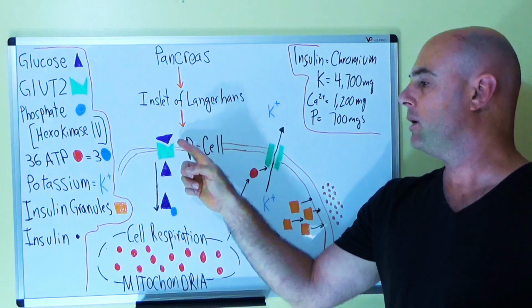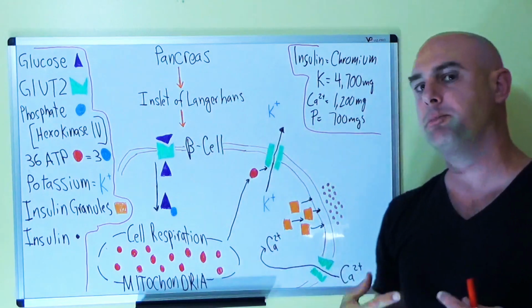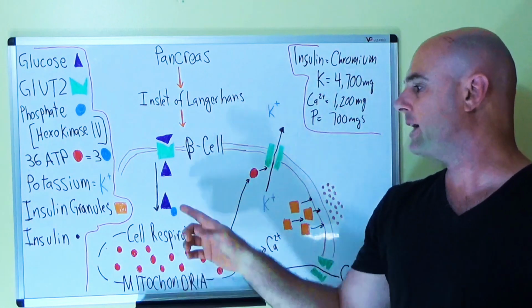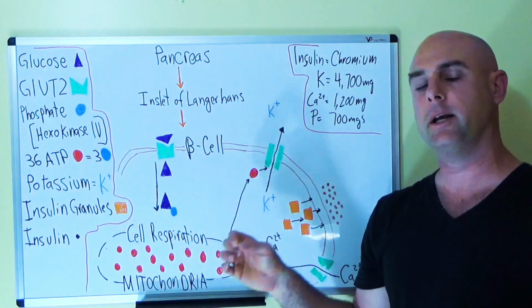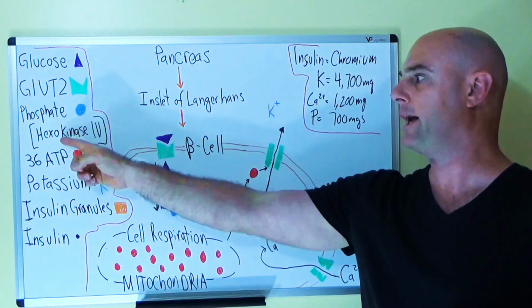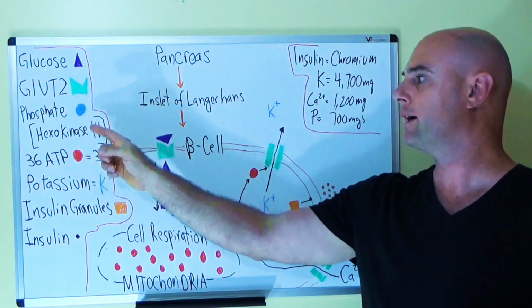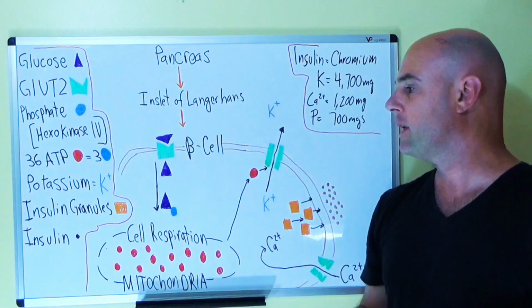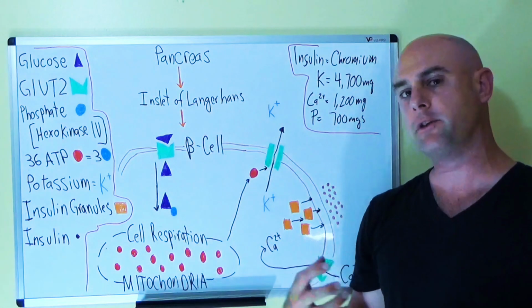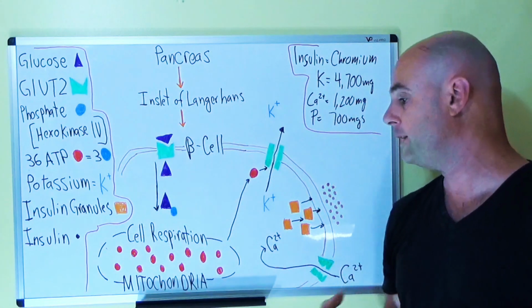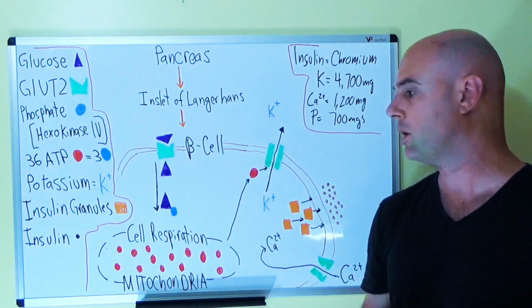So when the glucose enters into the beta cells through the GLUT2 receptor, a phosphate molecule is added to the glucose by an enzyme called hexokinase 4. Now once that happens, this glucose with the phosphate molecule can then enter a process called cellular respiration, which happens in the mitochondria.